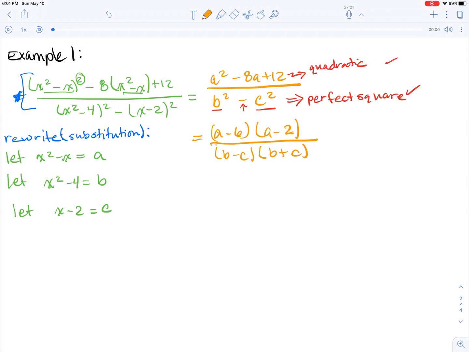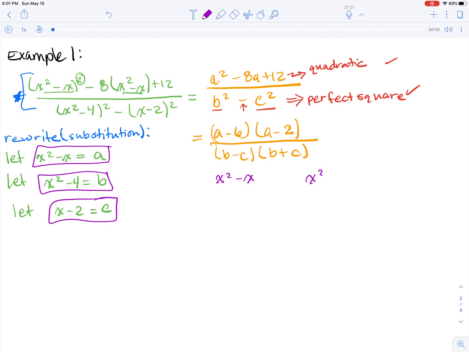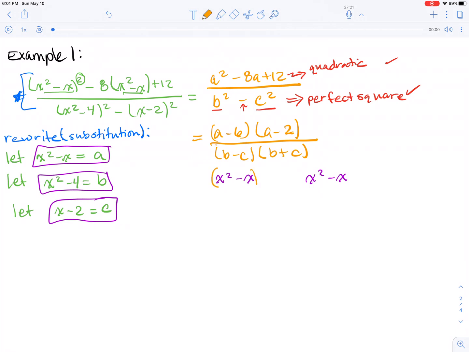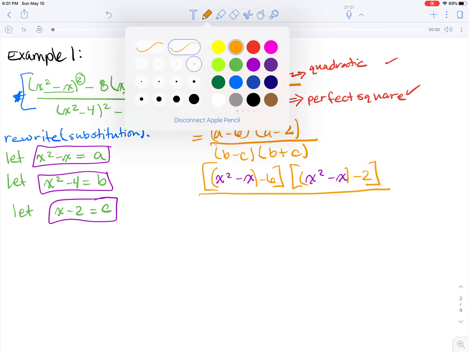Now that I've done the factoring, I can take my let statements and resubstitute them back in for my a, b, and c. For a, I'm going to take x squared minus x. So it was x squared minus x minus 6, times x squared minus x minus 2. I'm doing it in different colors just so you can see.